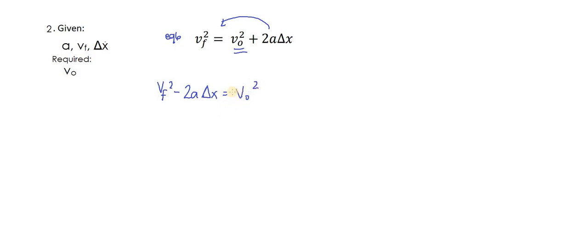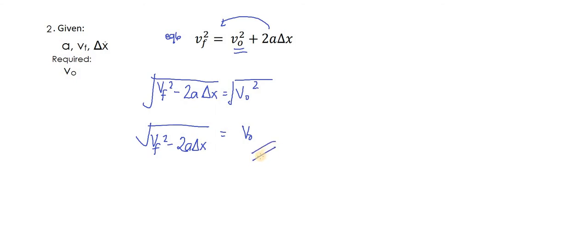Then to remove the square, get the square root of both sides, so that will be your initial velocity is equal to the square root of Vf squared minus 2a delta x. So that's it. That's all, just look for the formula.